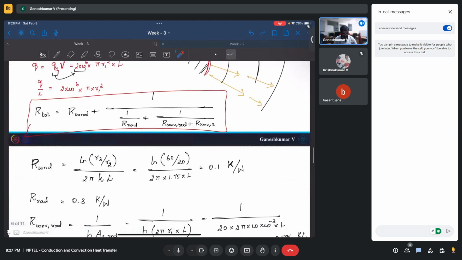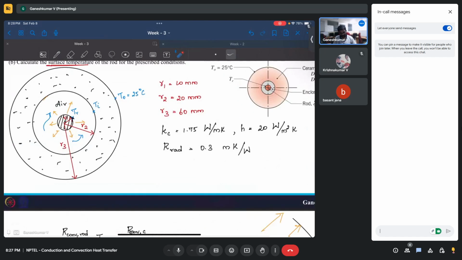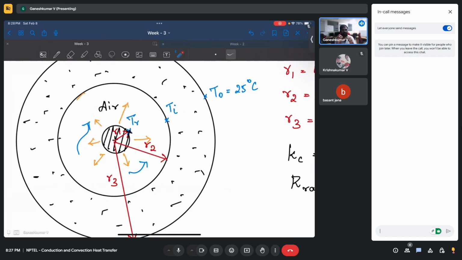The same thing we did in this second problem also. The only thing is it became a little more complicated because we had air inside and it is also doing some convection. Radiation is there. Radiation and two convections are happening. Here you have one convection, here you have one convection, and these convections are in series, and radiation is going directly, in parallel.